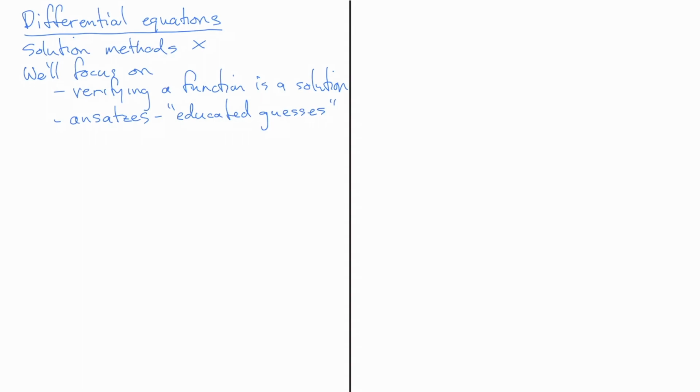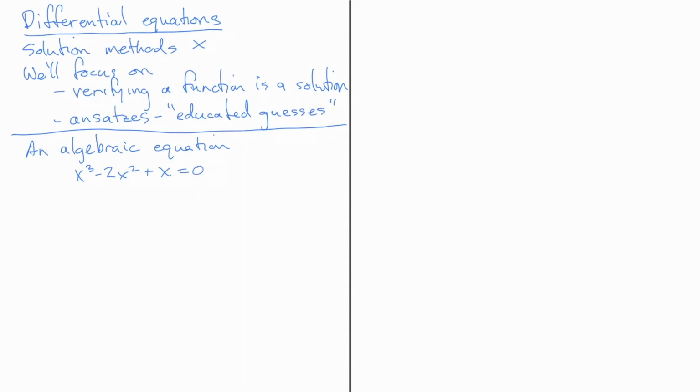So let me first start off here with a different type of equation, an algebraic equation, which is familiar, I'm sure, to anybody who's watching this video, I hope. An algebraic equation is something like x cubed minus 2x squared plus x equals 0.